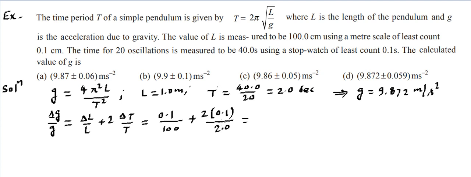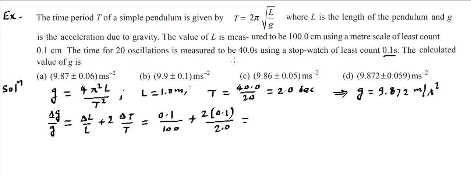Okay, before we go for simplification of this, we need to recheck one point, and that point is this delta t. This delta t will be the error in time period, but this 0.1 second that we have been given is not the error in time period, rather it is the error in measurement of time, right?